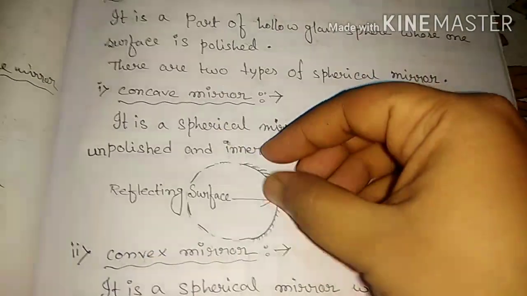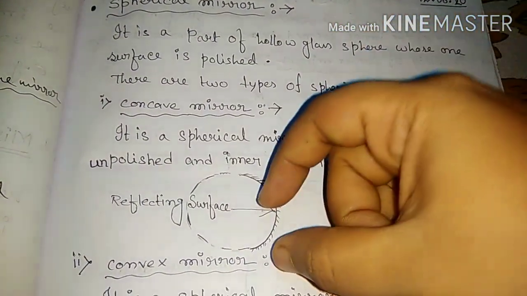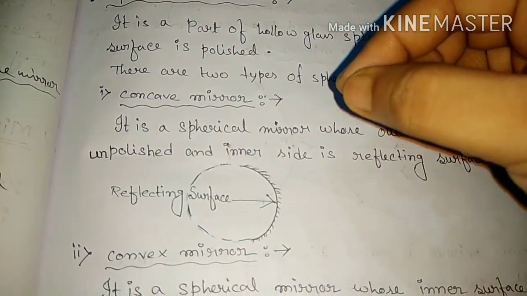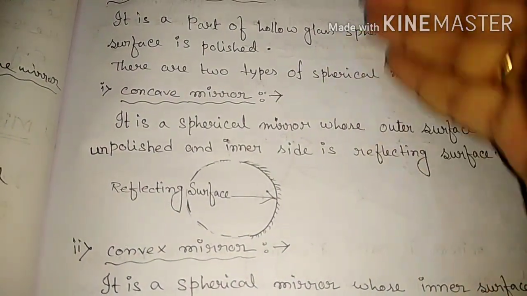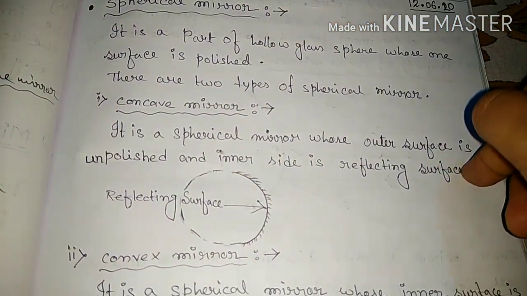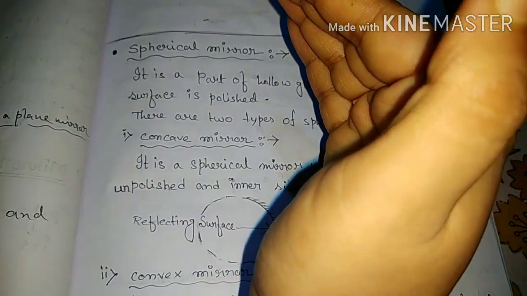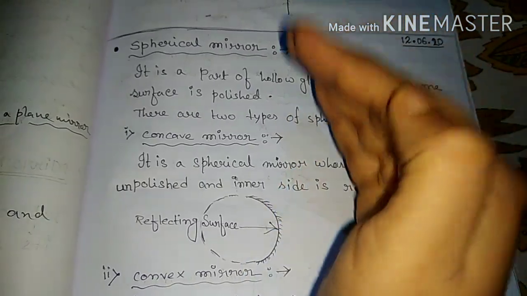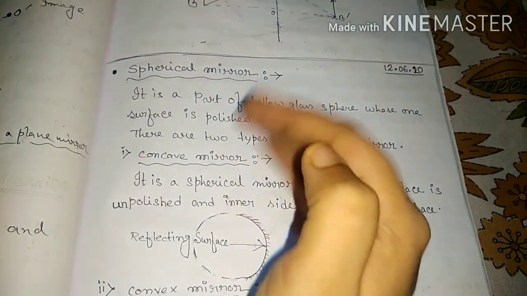So this portion is a part of a spherical mirror whose outer surface is unpolished and inner surface is the reflecting surface. Concave looks like this way. Inner side is the reflecting surface, outer side is the unpolished surface. Okay.